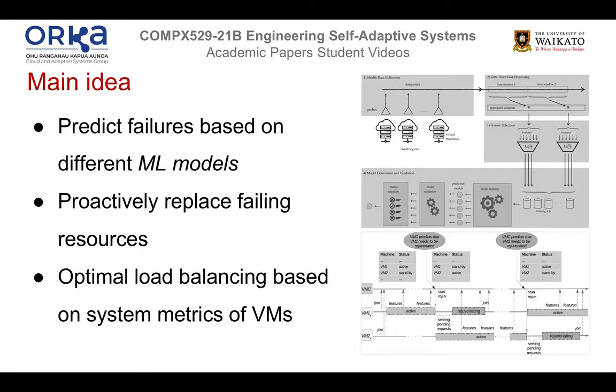Next, the VM about to fail, which was deploying the application, was replaced by a new one, which helps to reduce the application's service downtime. Furthermore, users were allowed to customize the rejuvenation method.